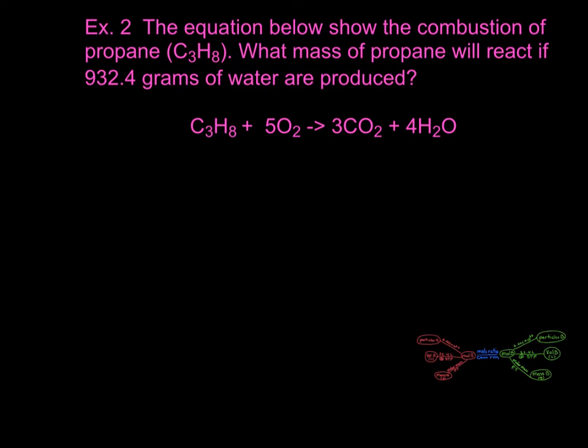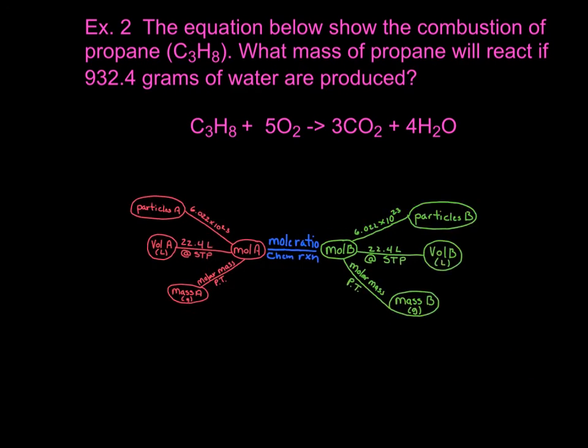All right, for example 2, please take a moment, copy down the entire example, including the equation. Let's take a look at this problem. The equation below shows the combustion of propane, which is C3H8. What mass of propane will react if 932.4 grams of water are produced?